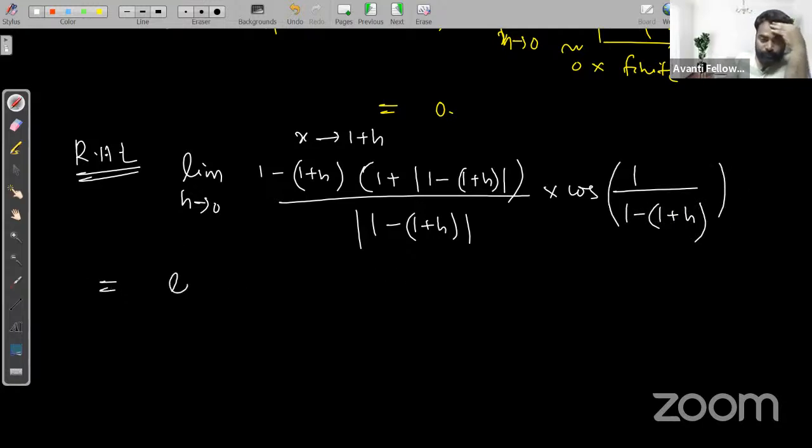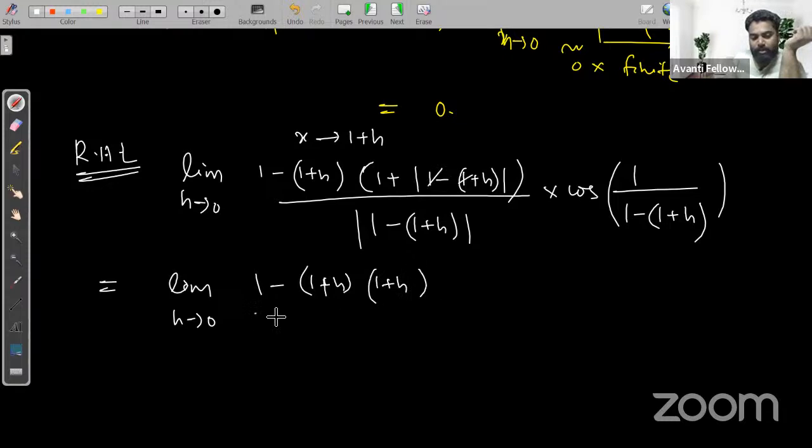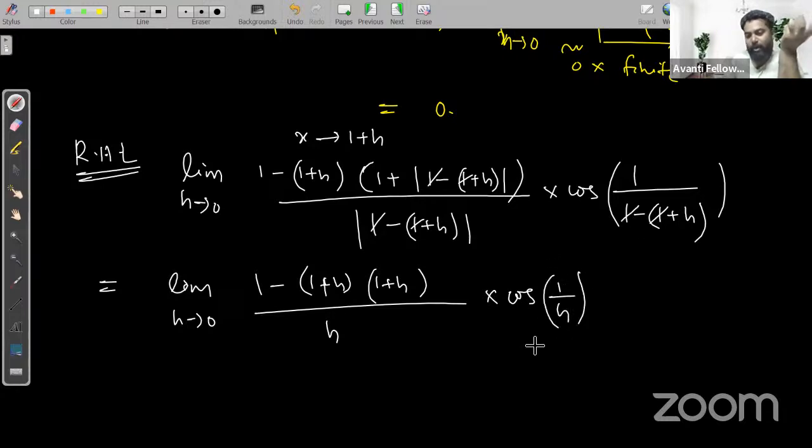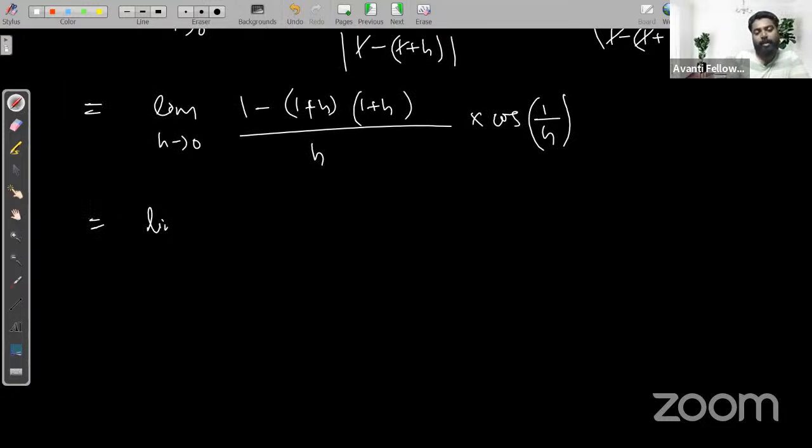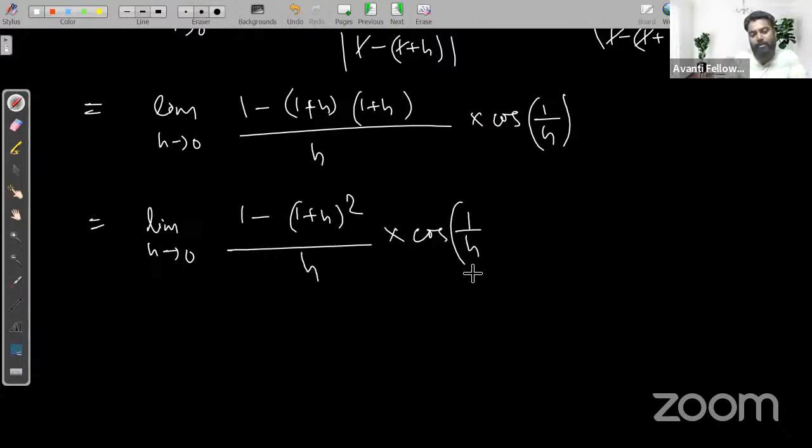So let's solve. Limit h tending to 0, this becomes 1 minus 1 plus h, and the 1 will cancel. This is also 1 plus h divided by, the 1 is cancelled, that is h into cos of 1 by minus h. Because cos is an even function, we can write this as cos of 1 by h. So limit h tending to 0, (1 minus (1 plus h)) whole square divided by h into cos of 1 by h.